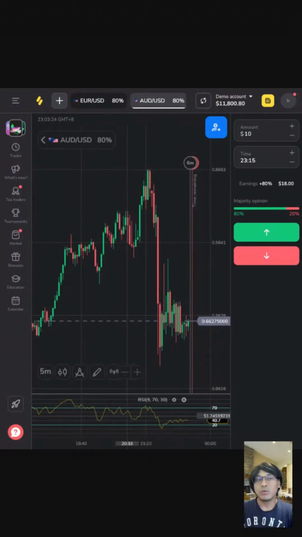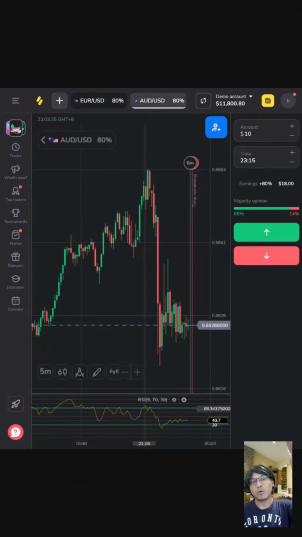So whenever you have RSI moving up, especially moving from 50% in the direction of 70%, that's basically showing you an increase in momentum, an increase in trader confidence.